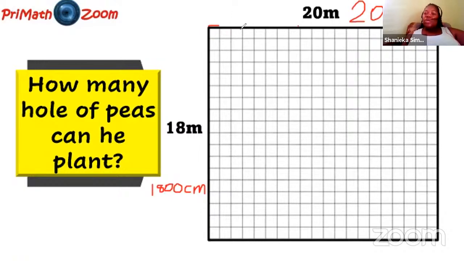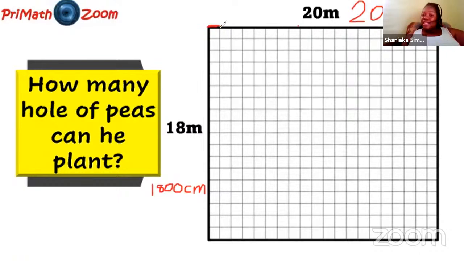Same with here. Now, if we're going to plant the peas 10 centimeters apart, I'm seeing a person saying 1 centimeter, but I'm happy that we actually cleared that up. So it's 100 centimeters, because this length here where I'm showing with the red is 1 meter.